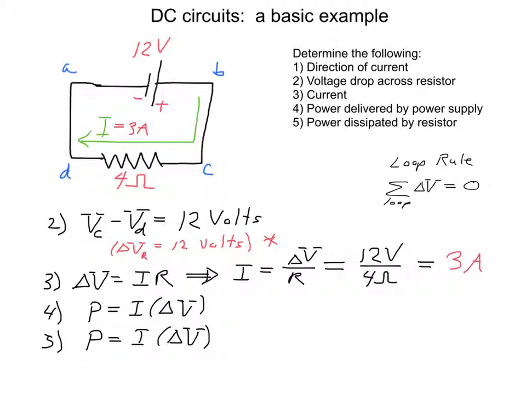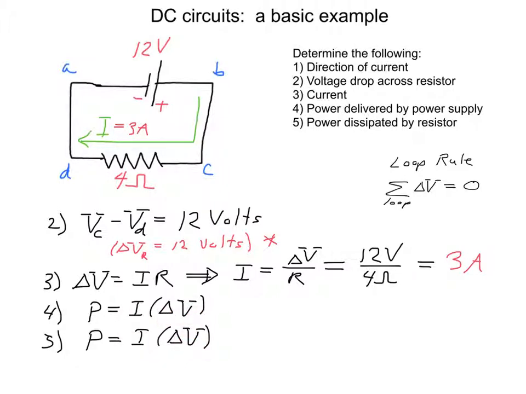So we got 3 amps leaving this terminal of the power supply, going here, passing through, going through, passing back through the power supply. So, same current everywhere. We have the same voltage gain across the power supply as the voltage drop across the resistor. So in each case, for both the power supply and the resistor, we have the same current and we have the same value for delta V.